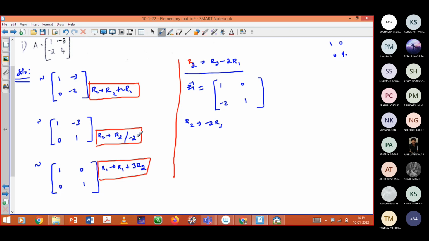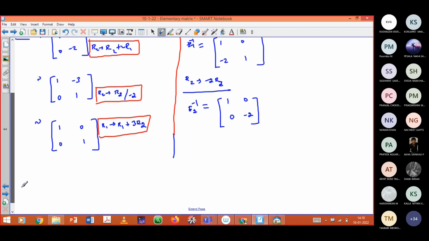If there is a division, you have to use multiplication the opposite way. That's it. So R2 gives minus 2 into R2. So E2 is 1 0, then 0 minus 2.